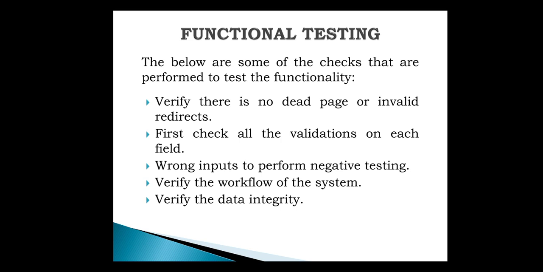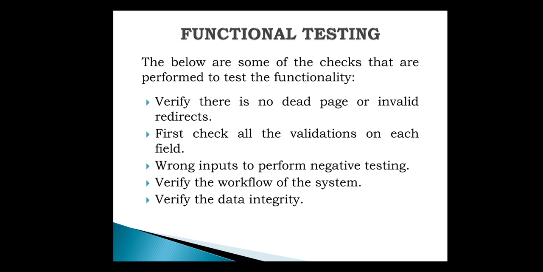Next is wrong inputs to perform negative testing. While testing a validation, if I have already applied the condition on that field, and I enter my age as 16, it will definitely throw an error.